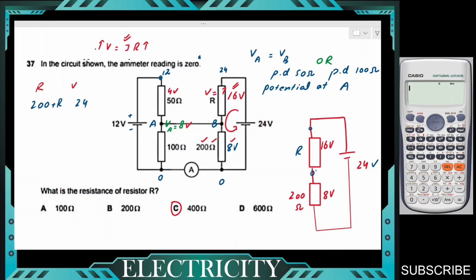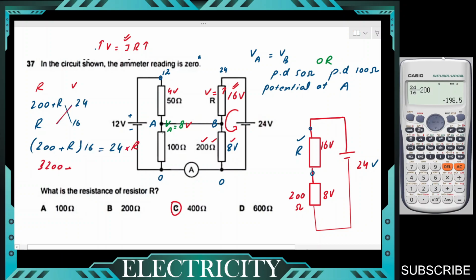If you need to find the potential across this one, you can simply cross multiply. The voltage at R ohm is given as 16. This resistance is getting 16 volts. But how much is that resistance? We don't know. This is what we needed to find.